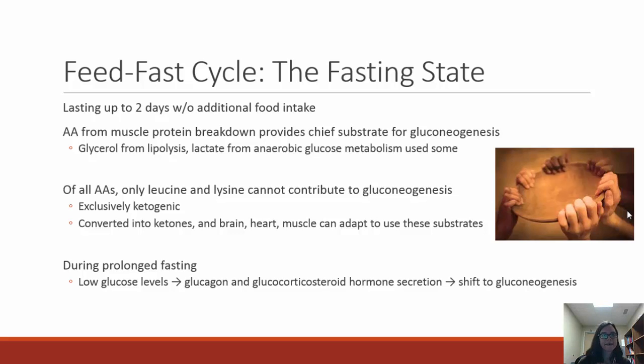So instead, these are converted to ketones, and our tissues can adapt to using these substrates. So during prolonged fasting, our glucose levels drop, which signals the release of glucagon and glucocorticosteroid hormone, and this leads to a shift to gluconeogenesis.